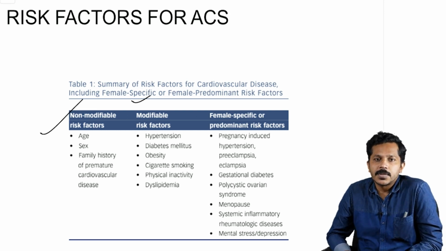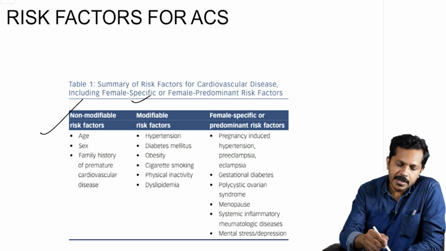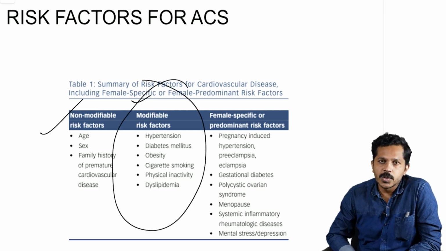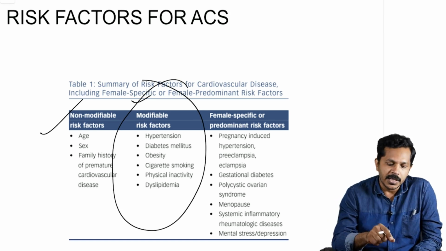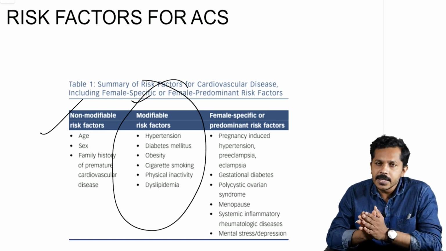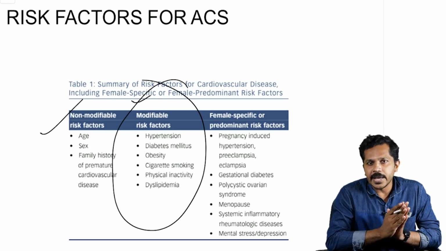If the patient has all these risk factors, naturally there is a high chance for acute coronary syndrome. So you have to understand that a person with risk factors has more chance of developing angina compared to a person who does not have any risk factors.